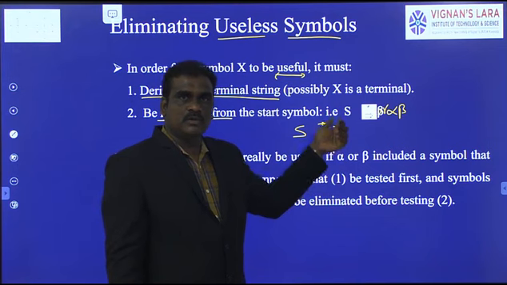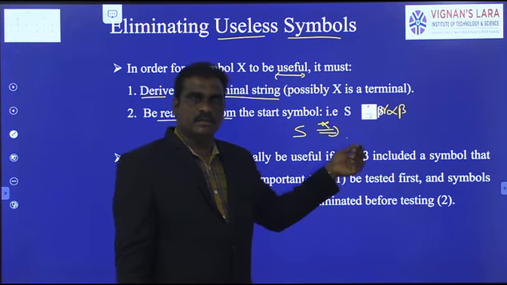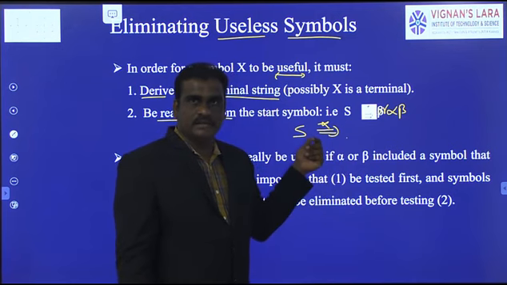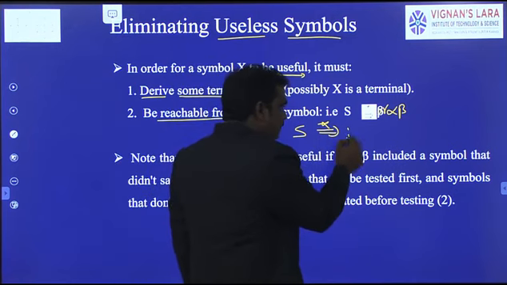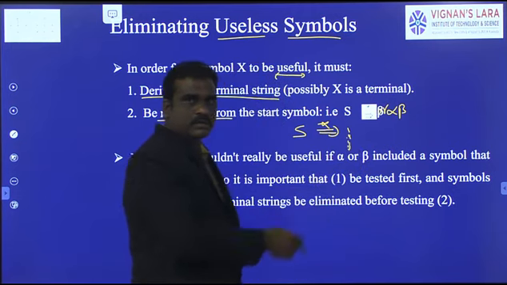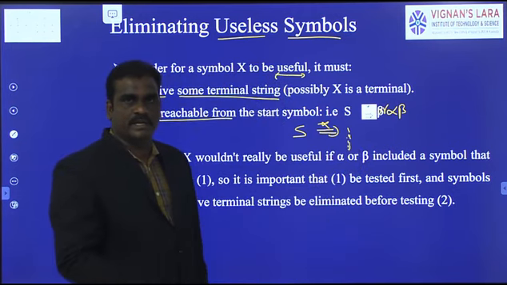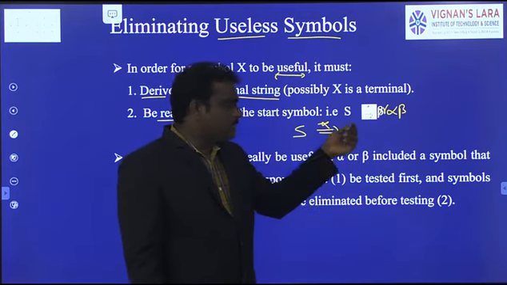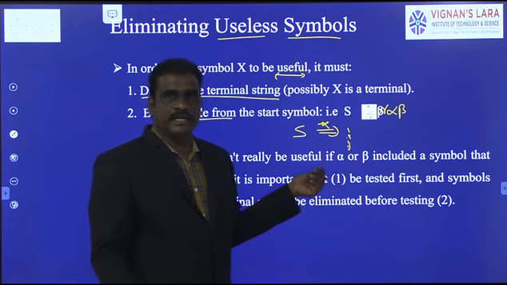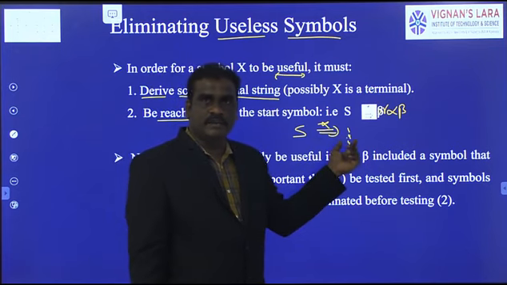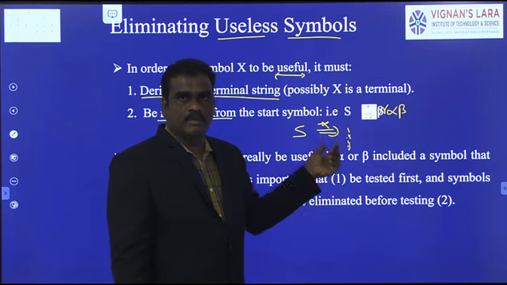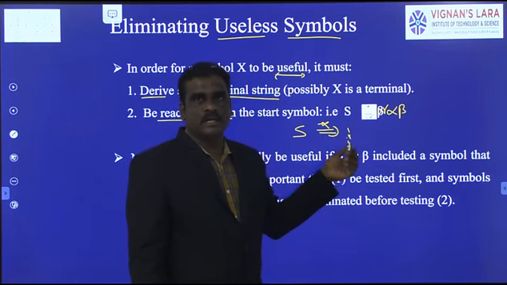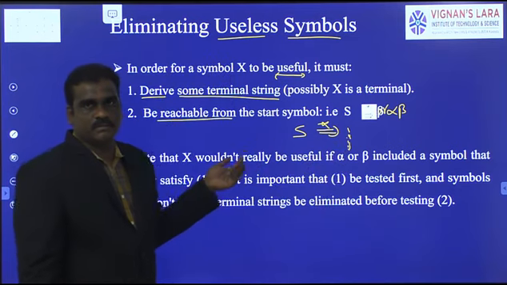Then all those non-terminal symbols are useful symbols. Suppose the derivation is 5 lines, 10 lines, 20 lines, whatever it is. In those lines, whether it is the first, second or fifth line, each non-terminal must be derivable from the starting symbol. Suppose any non-terminal symbol does not appear in this process, then it is a useless symbol.